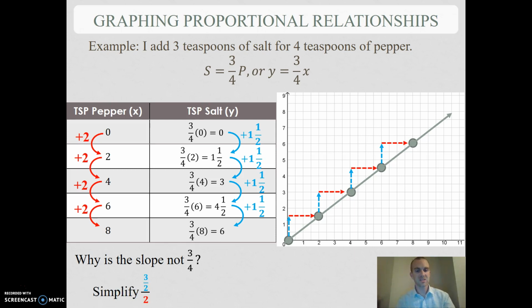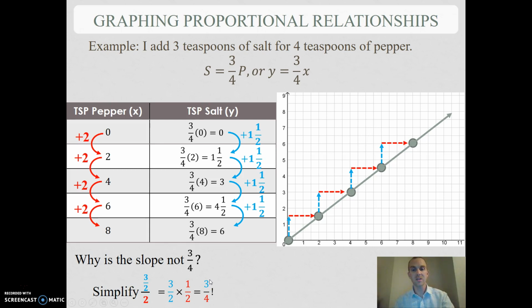Well, let's simplify 1.5 over 2. With 1.5, we're going to change that to its improper fraction, which is 3/2 over 2. Now 3/2 over 2 is the same as saying 3/2 times 1/2, because we keep our numerator and multiply by the reciprocal of the denominator. When I do that, 3 times 1 is 3, 2 times 2 is 4. There's my slope of 3/4.